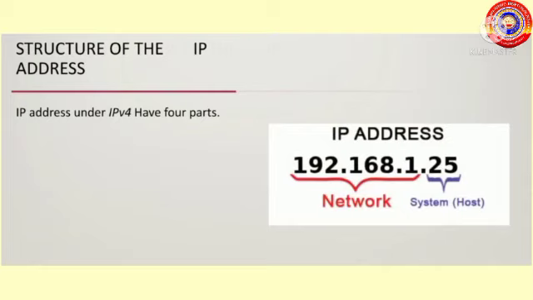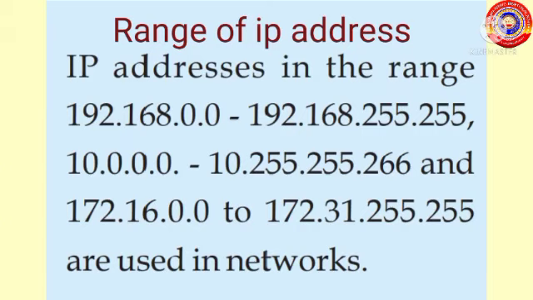So the first 3 parts of the IP address will help us to identify from which network the data is going on, and the fourth part helps us to identify from which computer the data is going on. Okay. Now let's know about the range of IP address.